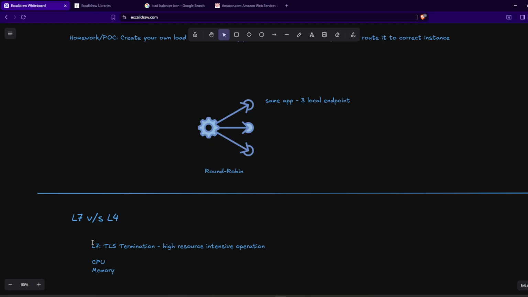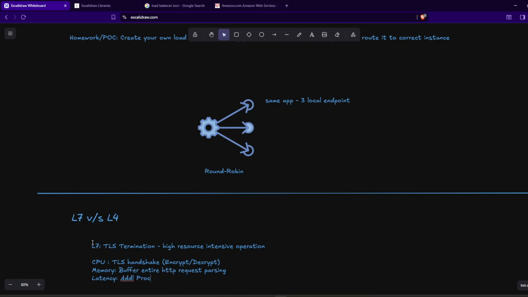In the memory there is also a high overhead because it has to buffer the entire HTTP request for parsing. We have to read and parse the whole request, right? So this takes a lot of CPU, buffering takes memory, and of course there is latency because of the additional processing time.